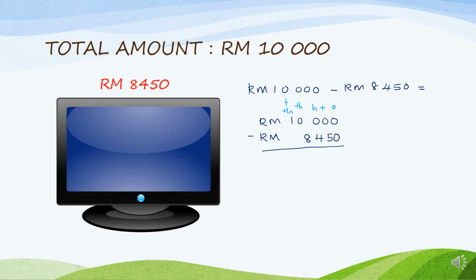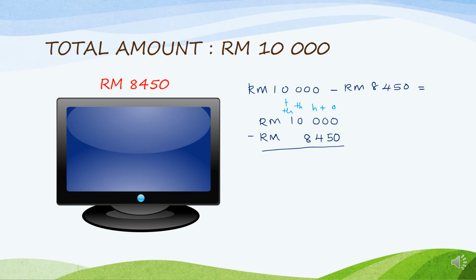So what you should do? You must borrow from your neighbor in the 100 place value. When you look at this 100 place value, it also has no value because it is also 0. So we cannot borrow any numbers from this 100, so it needs to look at the 1000 place value. There is no number in the 1000 place value either, it is also 0, so it will look at the 10,000 place value.